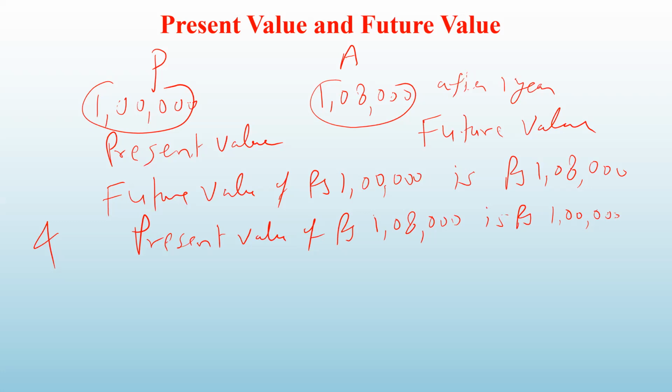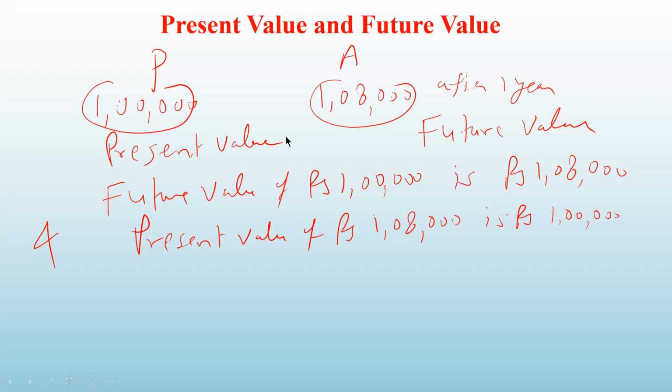So what is the present worth of 10 lakhs after 3 years? That present worth he has to deposit in the bank in order to get the required 10 lakhs after 3 years. So principal is present worth and accumulated value is the future value.